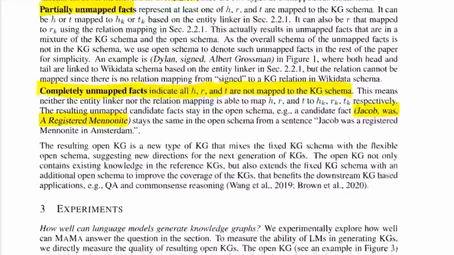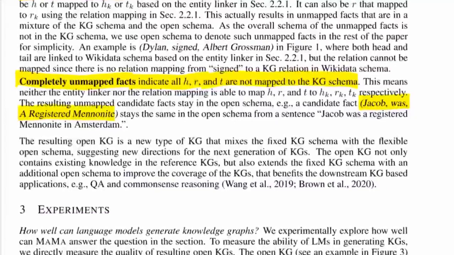This paper is trying to sell their system as something that can do that, and I believe that to a degree, but also, Jacob was a registered Mennonite. Okay, now, maybe I'm completely wrong. From the sentence, Jacob was a registered Mennonite in Amsterdam. I might be completely wrong, but Mennonite is a religion, I think.